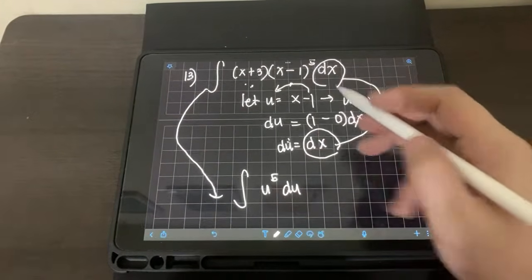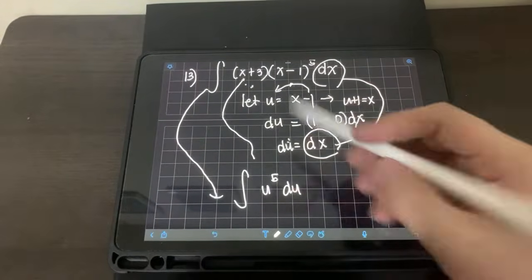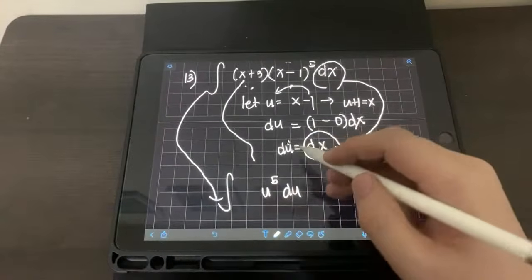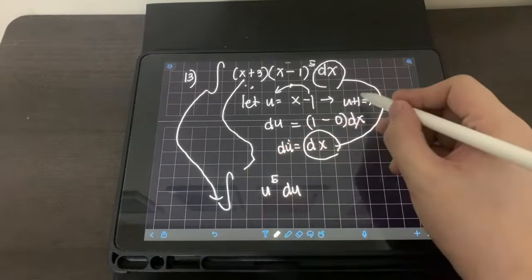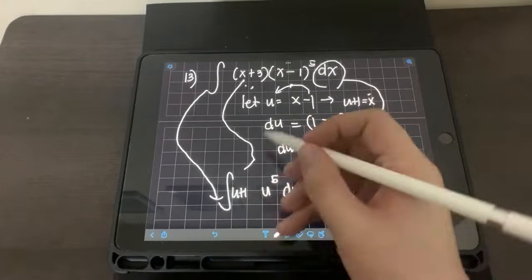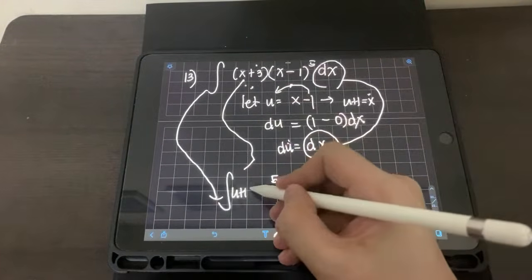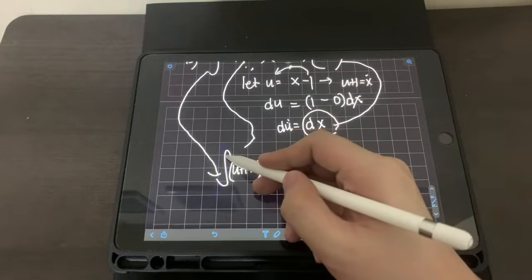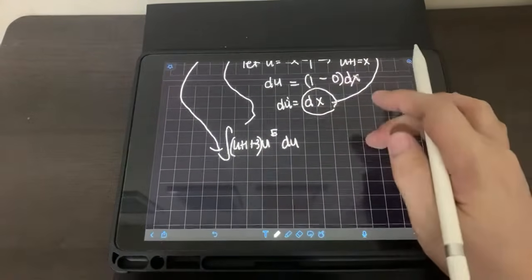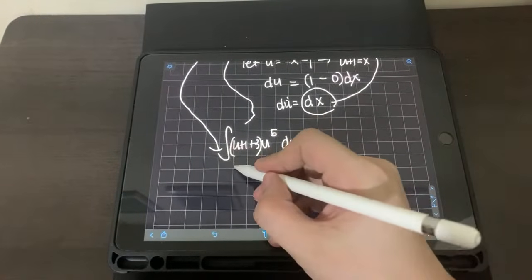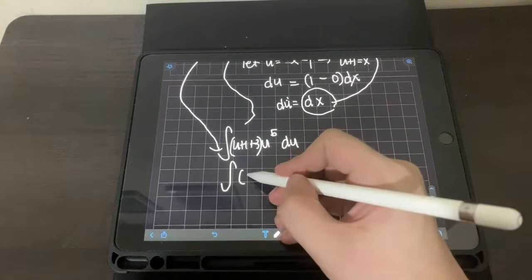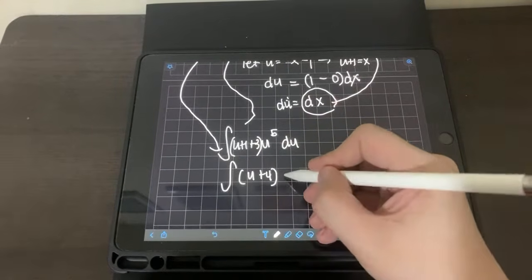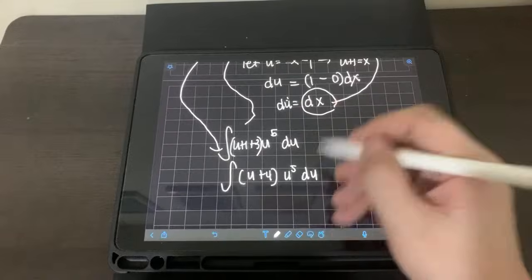So if you substitute here, what is x? u plus 1, and then there's still a plus 3. So, simplifying, you must have integral of u, so what is 1 plus 3? Positive 4 times u to the 5th du.